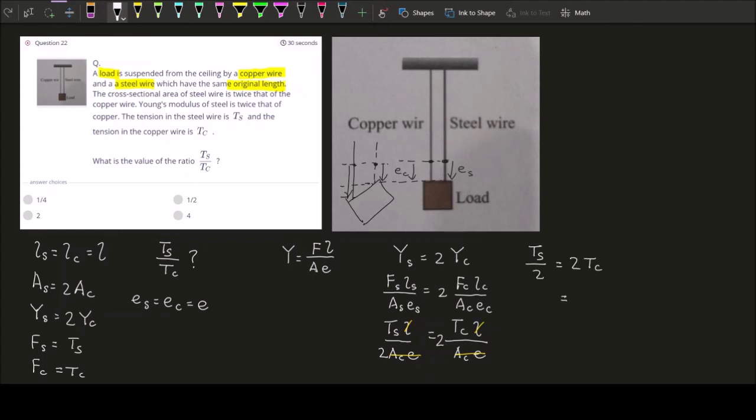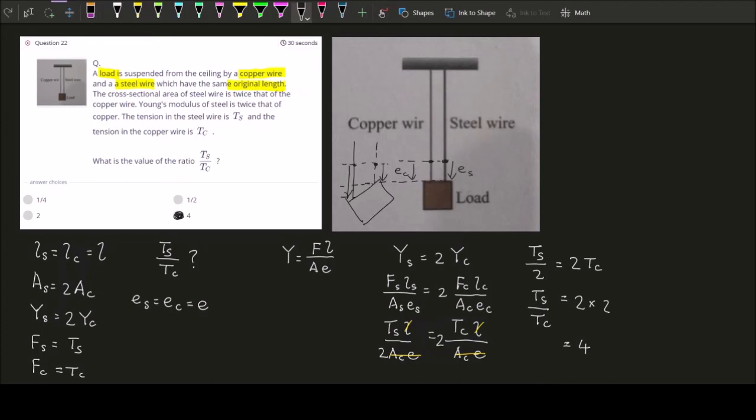If we shift things around, Ts divided by Tc equals 2 times 2, which equals 4. So the ratio of Ts over Tc is 4.